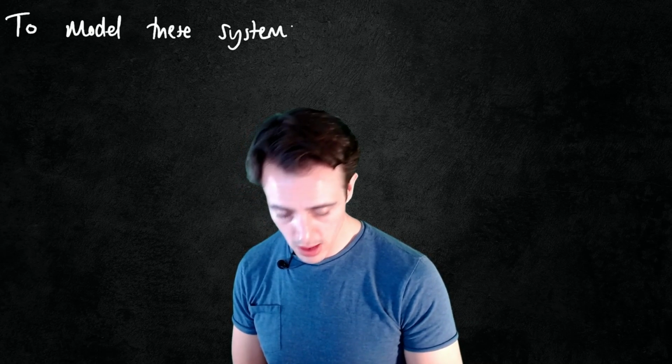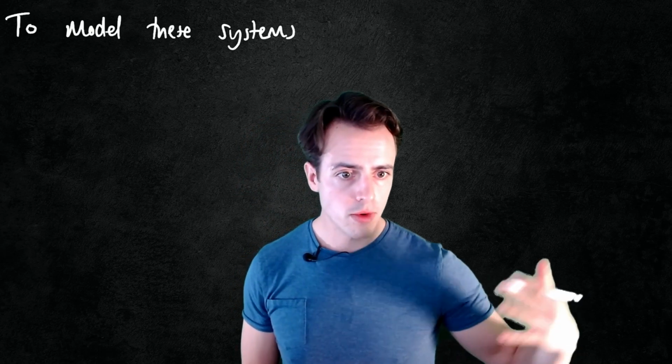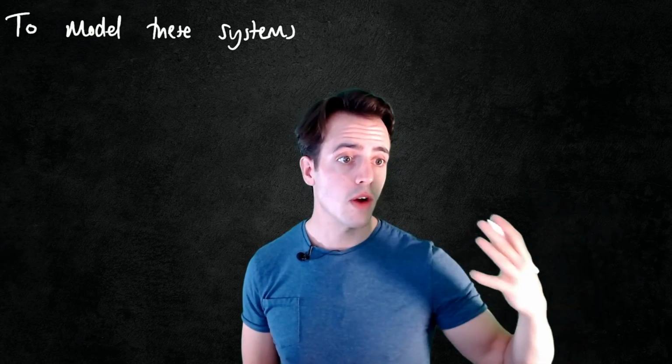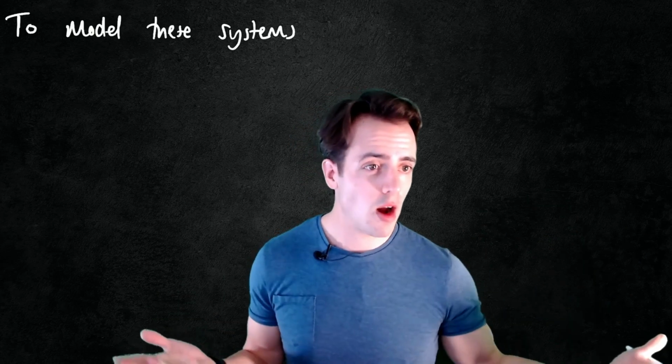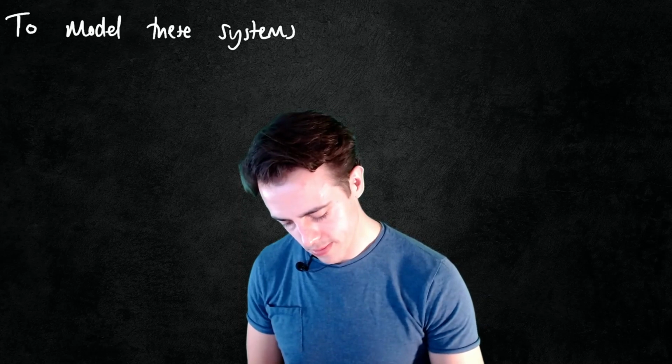It's not impossible, but it's very, very difficult. So to model these systems, the number of the forces and the displacements in the entire system just gives rise to too many vector quantities.